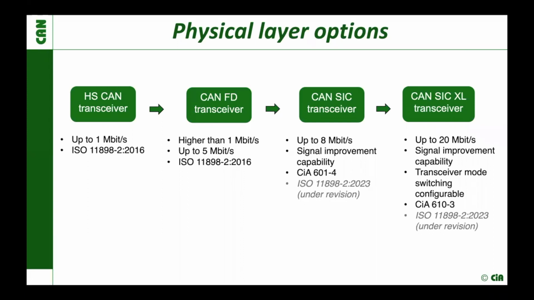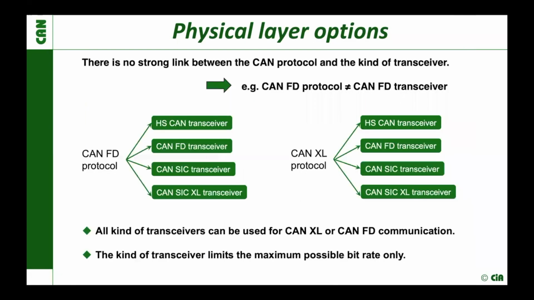One hint for the physical layer options: be aware that there is no strong link between the CAN protocol and the kind of transceiver. That means all kinds of transceivers can be used for CAN XL or CAN FD communication. The kind of transceiver limits only the maximum possible bit rate.